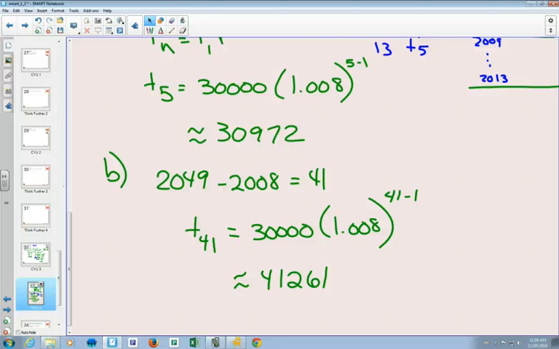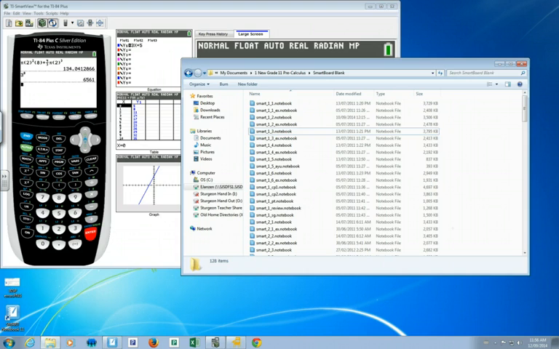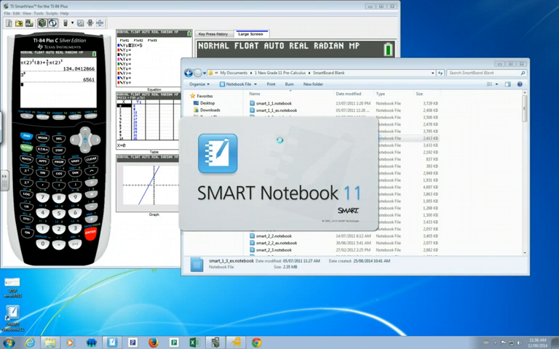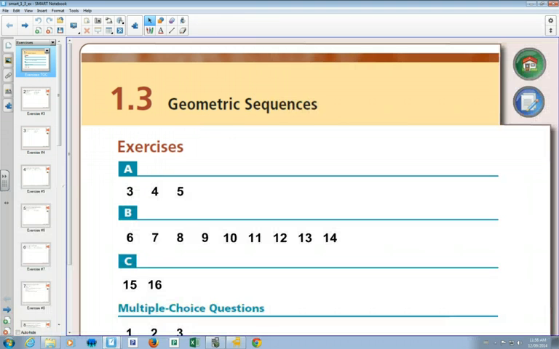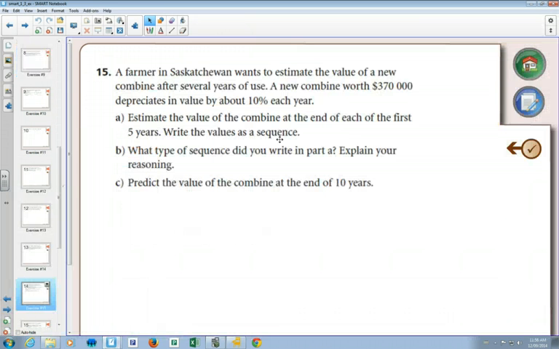So if you go to the homework and just turn to question 15, we'll do that one quickly together. The questions after that last one were 10, 13, 14, and 15, but we're going to do 15 together, because 15 is a percentage decrease.